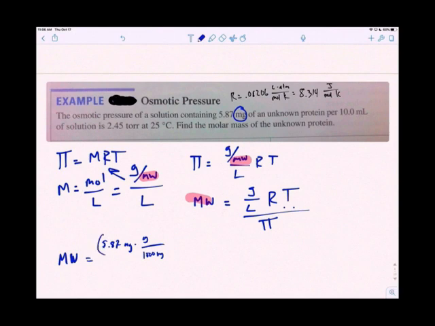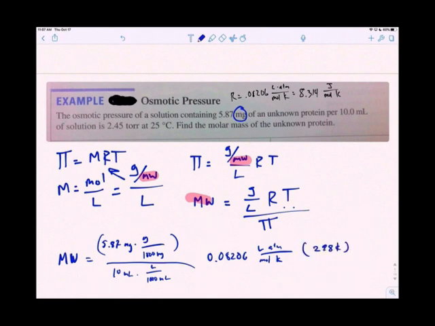So, and then this divided by liters, and we have 10 milliliters, so 10 milliliters times liters per 1,000 milliliters. Then R is going to be 0.08206 liter atmosphere over mole Kelvin. Temperature 25 degrees is 298 Kelvin.